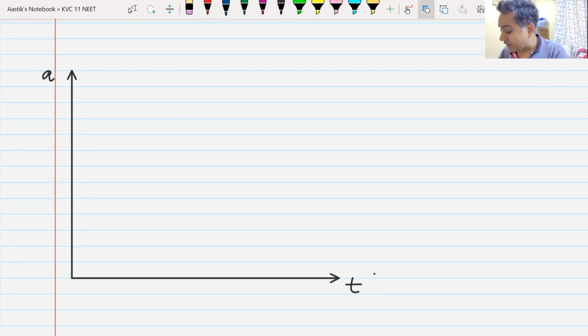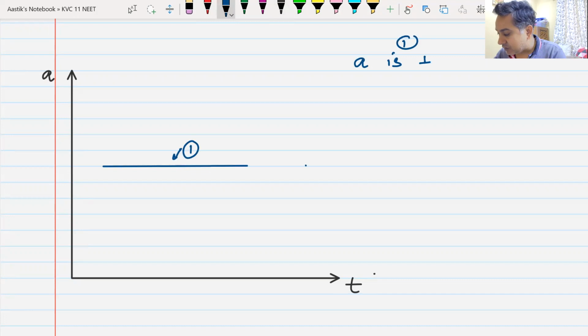If I have a graph like this, what does this graph tell me? Graph number one. Graph number one tells me that the acceleration of the particle is positive and it is constant. Do we understand this, my dear friends? Acceleration is positive and acceleration is constant.